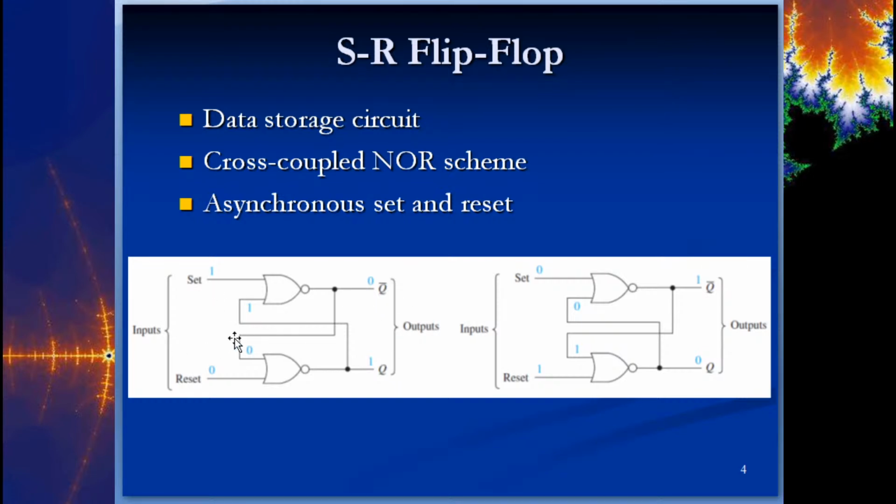Now, the situation here with the SR of 1, 1, that's what we call the unused condition, because that actually pulls both of these low, and that's no good. There's no use in having that condition, because Q and Q naught are supposed to be opposites of each other, right? So if one is 0, the other is 1. That's just the way it is, right?